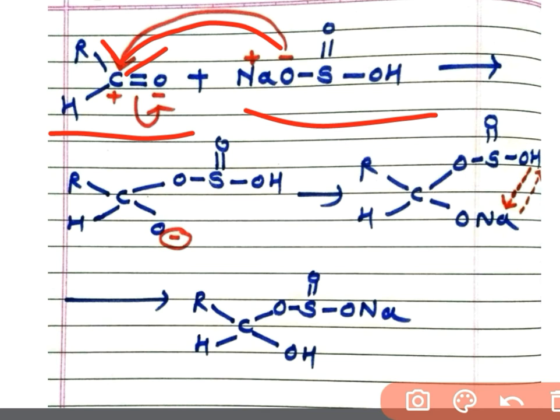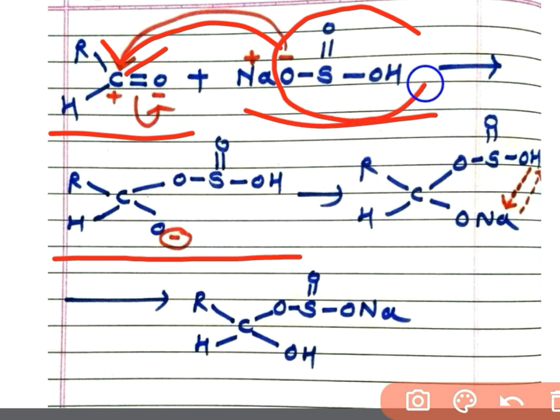So the intermediate product is formed in this way. Here O becomes O minus and this whole species gets attached to the positively charged center, that is carbon.